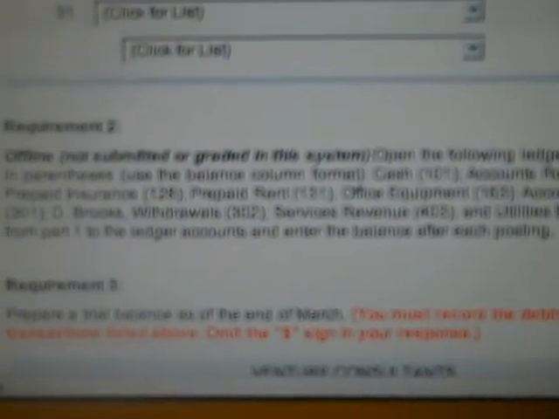The capital accounts tend to be 300s, and you have 2 of those. You have the D. Brooks Capital and you have D. Brooks Withdrawal. And then you have the various revenue accounts is 400, and the expense accounts are 600. And so you start to see the various accounts that you're going to be dealing with.